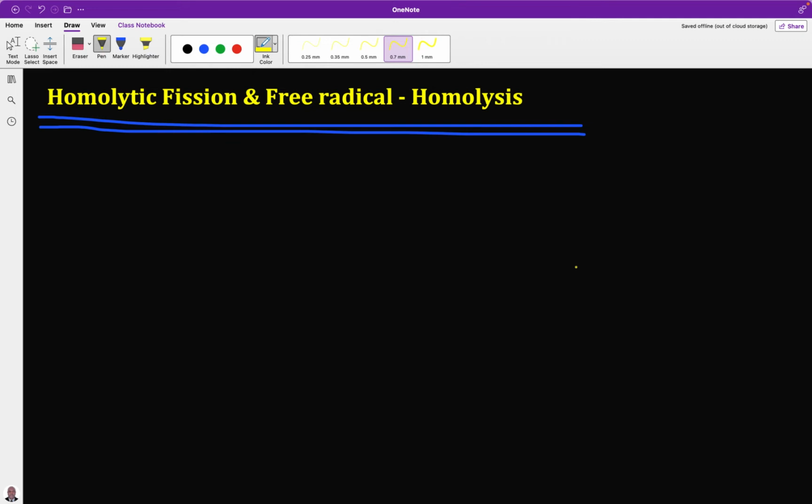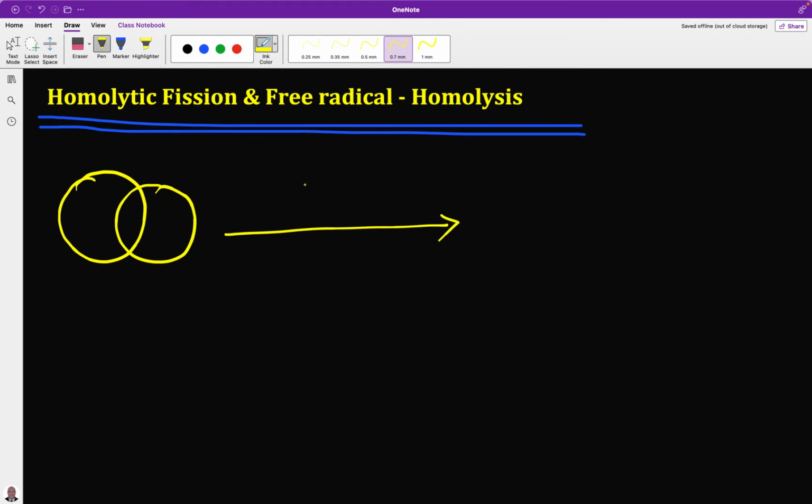Let me use HCl to illustrate what I am talking about. This is a covalent bond again. This is what we call homolytic fission, homolysis.